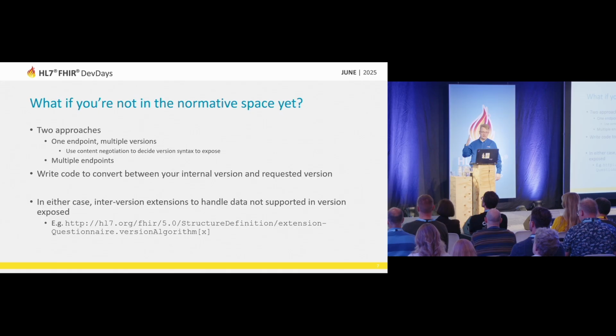So you can have a single endpoint and people can ask for what they want, or they could even say, well, I could handle all three of those, but I'd really prefer R4 if you can give it to me, and then request accordingly.